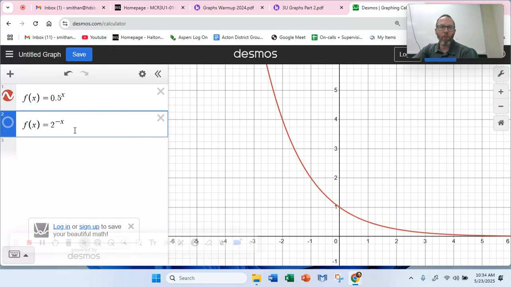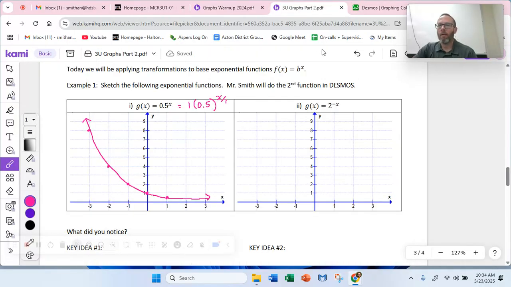Now look what happens when I graph 2 to the power of negative x. It's the same graph. Interesting. They are the same graph. So on the second grid, you can write "same graph" if you'd like.